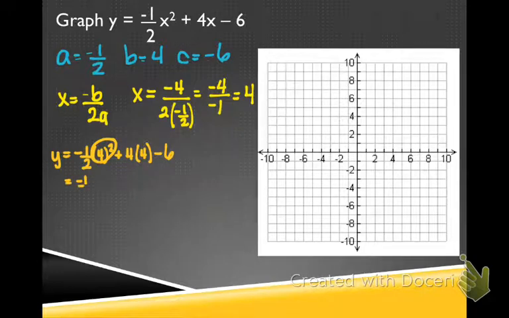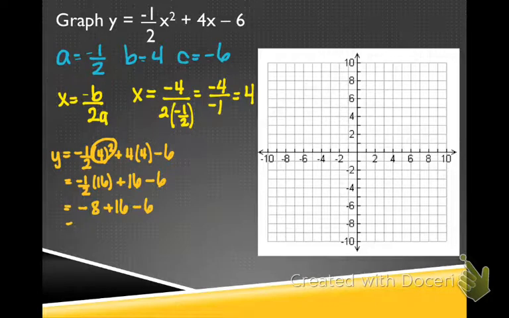So negative 1/2 times 16 plus 16 minus 6. Well, multiplying by 1/2 is just like saying, what is half of 16? And that's 8. So we get negative 8 plus 16 minus 6, which is 2. That means our vertex is going to be 4, 2.